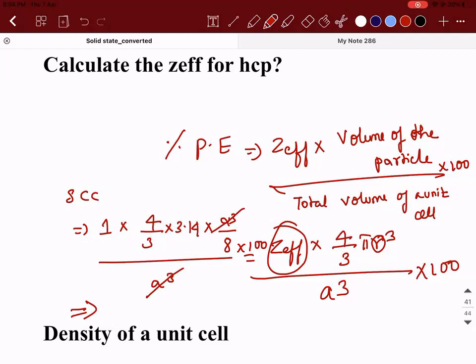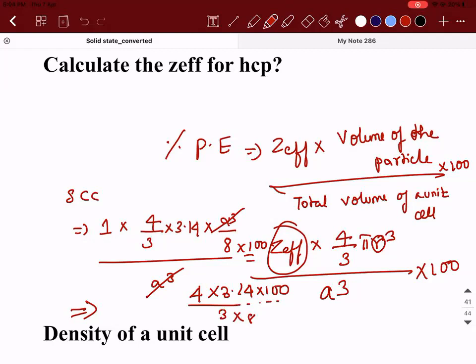Okay, calculate. See this numerator, denominator, everything. 4 into 3.14 into 100 divided by 3 into 8.